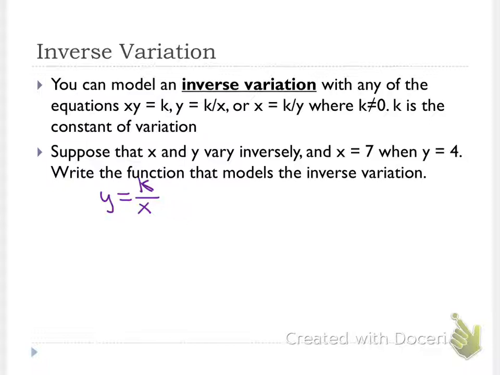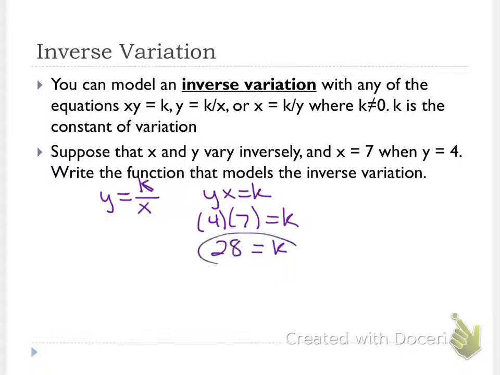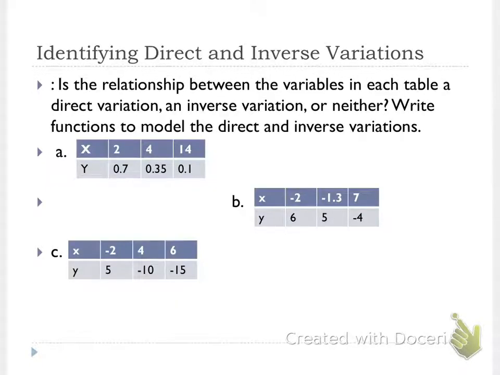We also know it can look like this: y times x equals k. So I'm going to solve for k that way. I plug in 4 times 7 equals k, so k equals 28. Put it back into the original equation, so y equals 28 over x. That's all you have to do.